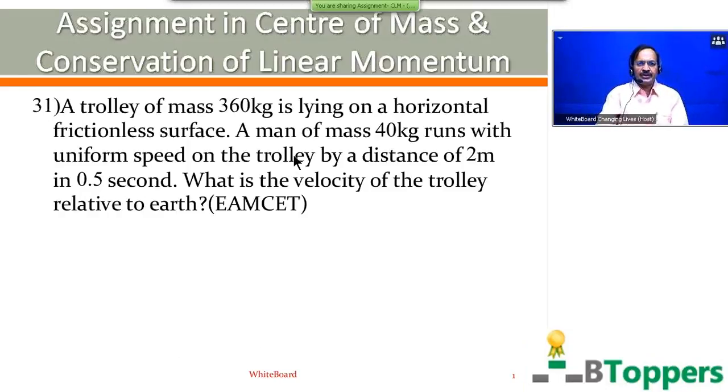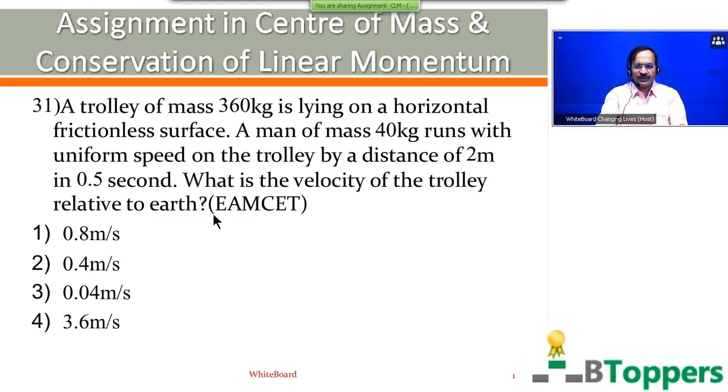A trolley of mass 360 kg is lying on a horizontal frictionless surface. A man of mass 40 kg runs with uniform speed on the trolley by a distance of 2 meters in 0.5 seconds. What is the velocity of the trolley relative to the earth? I've shown 4 options on screen. Come on, try this question.